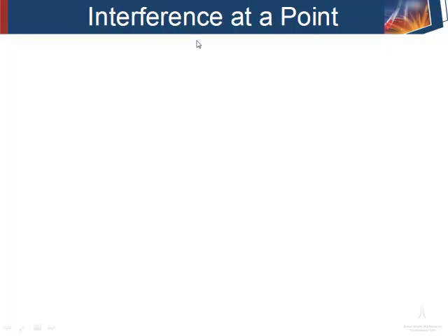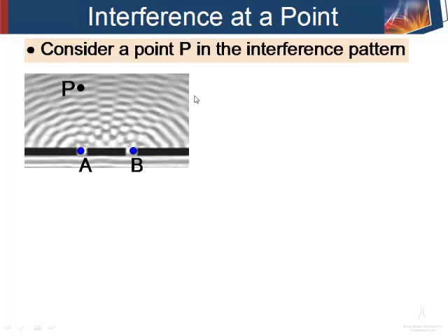There is a possibility of interference at a point, but whether there is constructive or destructive interference at a particular point depends on the distance the two waves travel before they meet at that point. If you consider an interference pattern here, we have two waves coming from point A and point B, and we consider a point P somewhere in the interference pattern.